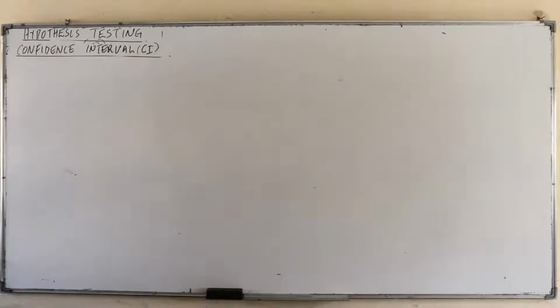Confidence interval refers to the probability that a population parameter will fall between two set values for a certain probability distribution.